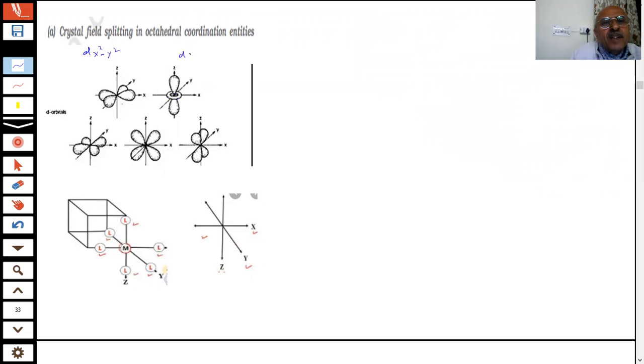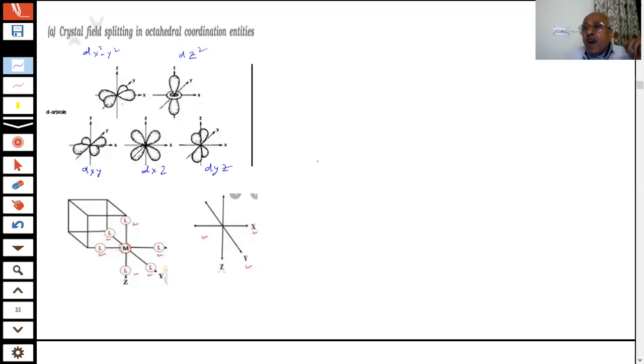This is dz square, and this is between the x and y plane, my dxy, and this is x and z, dxz, and this is between y and z, dyz. Okay? 5 d orbitals. Now students, these are the 5 d orbitals. Where are they present?